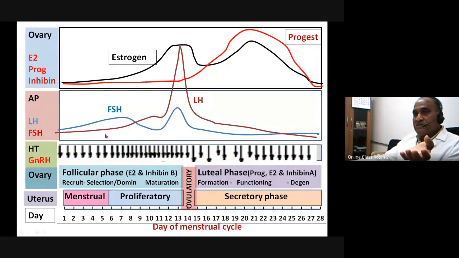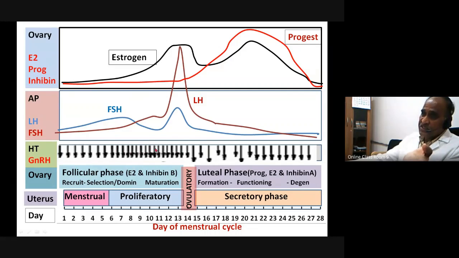The follicular phase can be considered in two components: the early phase and the pre-ovulatory phase. In this pre-ovulatory phase, the pulses of GnRH are very high in frequency.